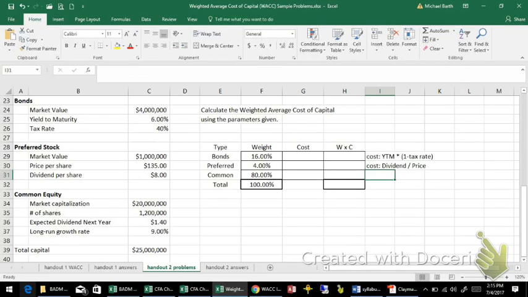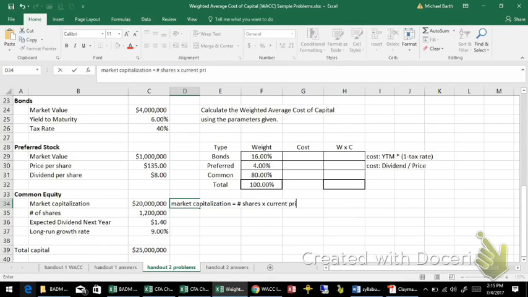Alright, so I know the market capitalization. Market capitalization is equal to the number of shares times the current price.